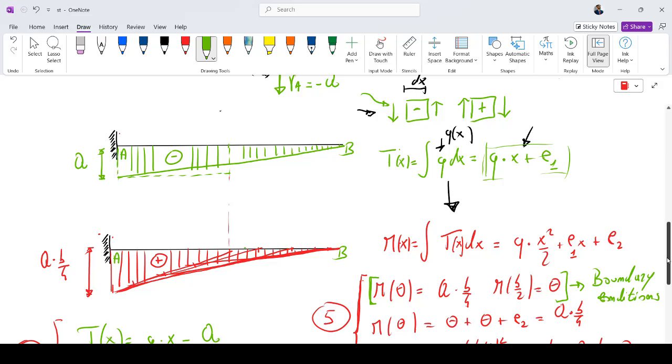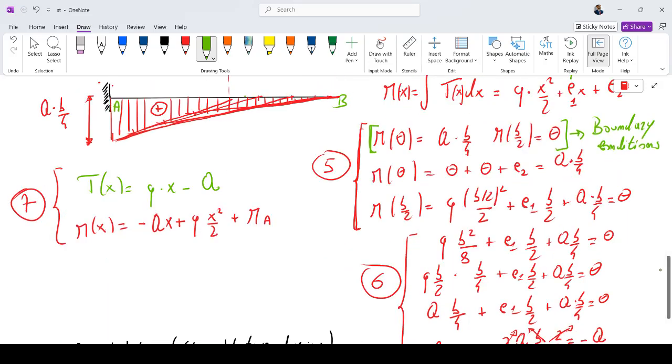We must determine the c1 and c2 constants. We have boundary conditions: M at x equal to 0 is equal to q times b over 4, while M evaluated at b over 2, so at half span, or just at point B, is equal to 0, as we can see from the diagram.